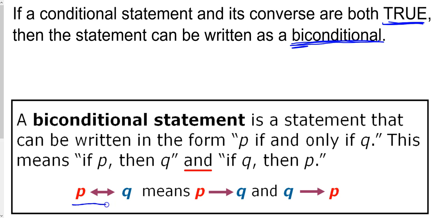So if P implies Q and Q implies P, means that we can put P if and only if Q. So the double line, or the double arrowed line, means if and only if. So we could say P if and only if Q. That indicates that both P implies Q and Q implies P are true.